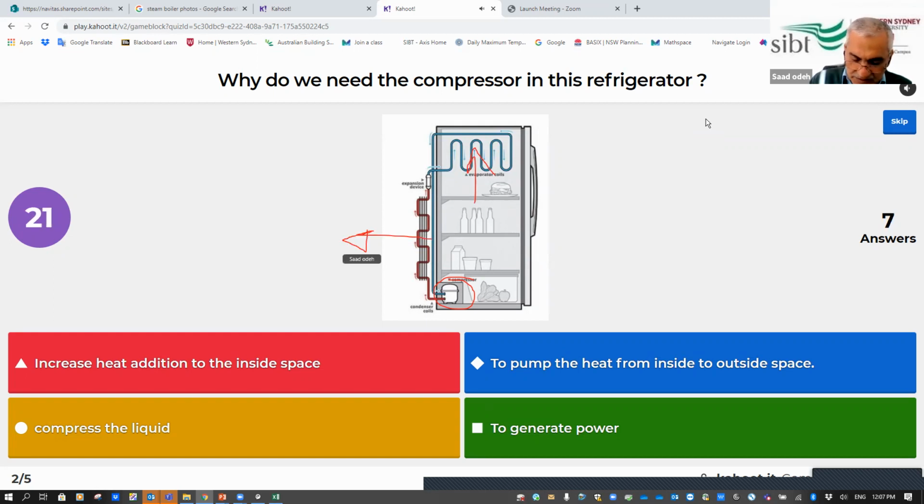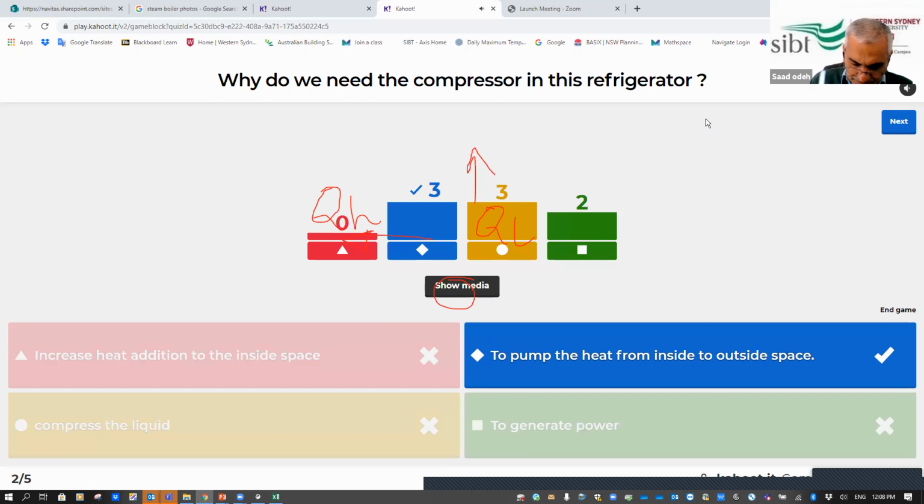So this is QL, this is QH. So the compressor is doing this job. In the compressor, we pump the heat from inside to outside.